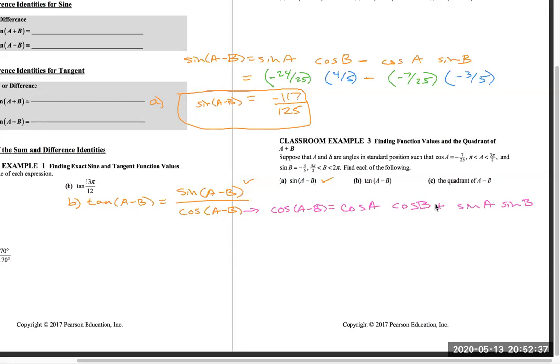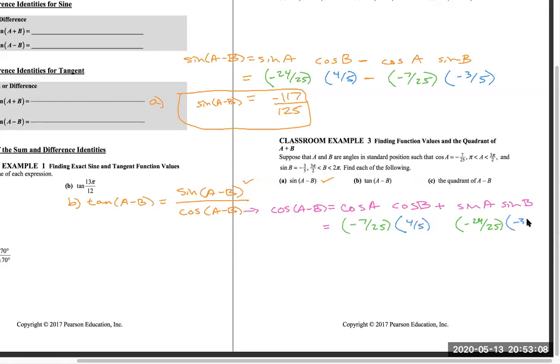So we still have all these values. So let's just replace here. Cosine of A, that was -7/25. So I don't have to change color as much. Sine A is -24/25. And then cosine B, that was 4/5.